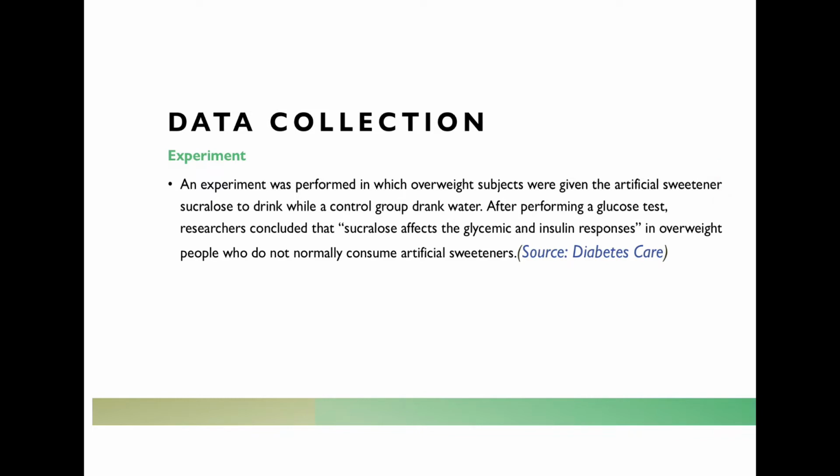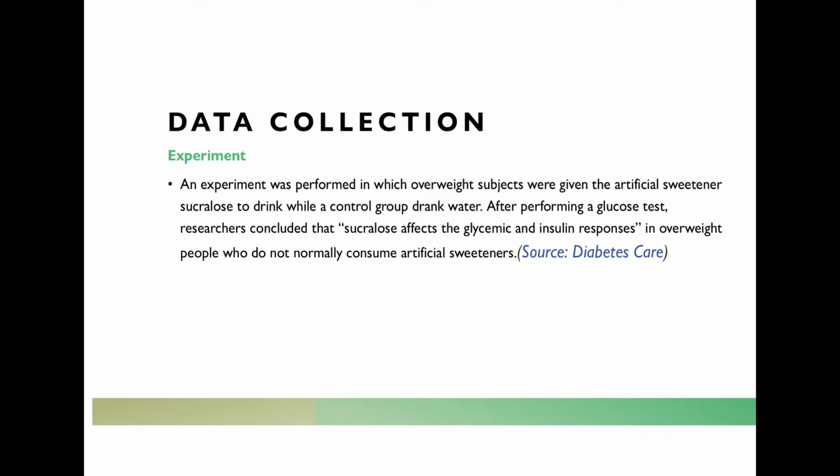But they do just want to compare the glucose levels between the two different groups to see if the sucralose affected the glycemic response. So maybe if they were going to do this in a different way, where the control group was receiving a placebo, they might actually give that group sugar water, so with actual sugar.